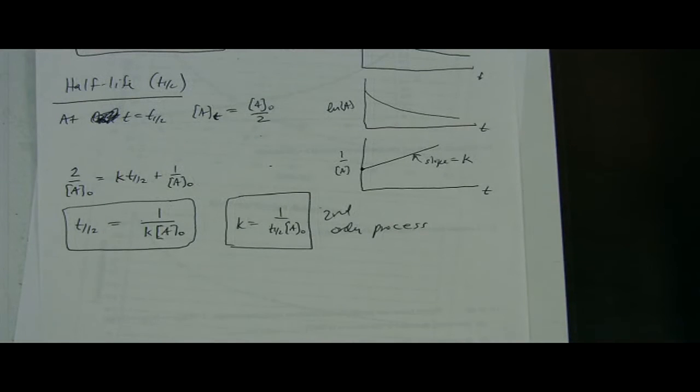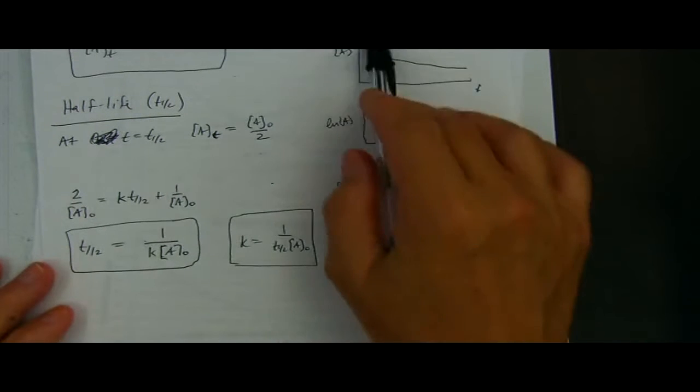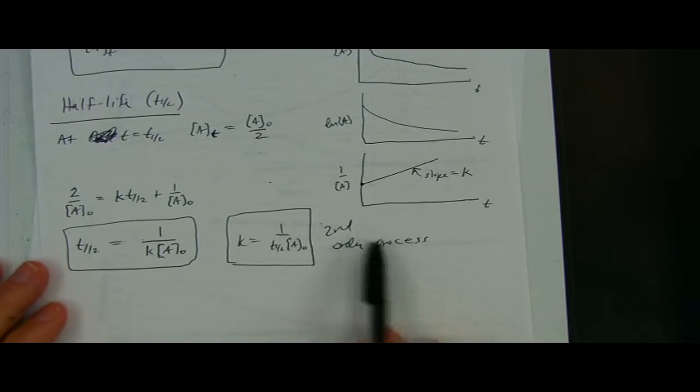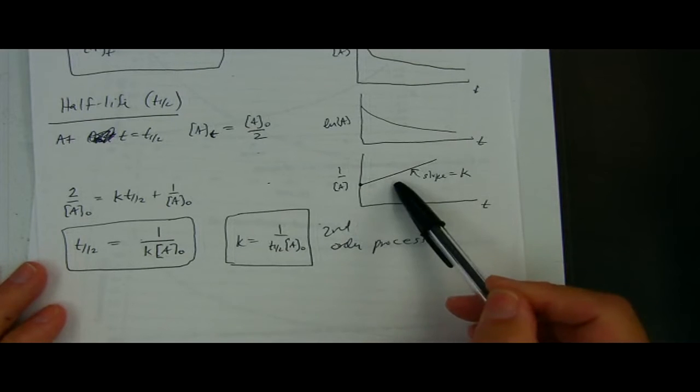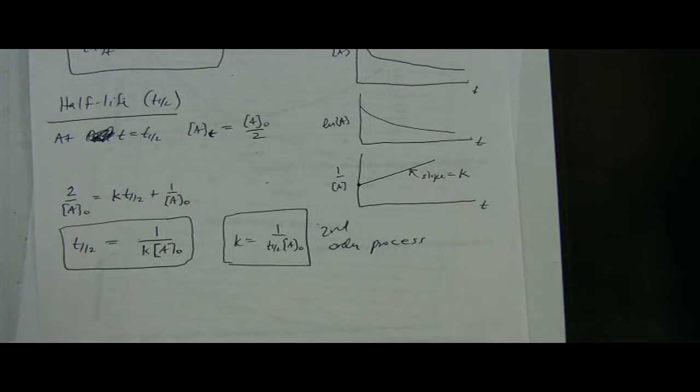All right, so I think in your worksheet, there's a problem like that to illustrate that. So the point here is, if you make 3 plots like that, and 1 over A versus time is the one that's linear, what does that tell you about the order of the reaction? It's second order.